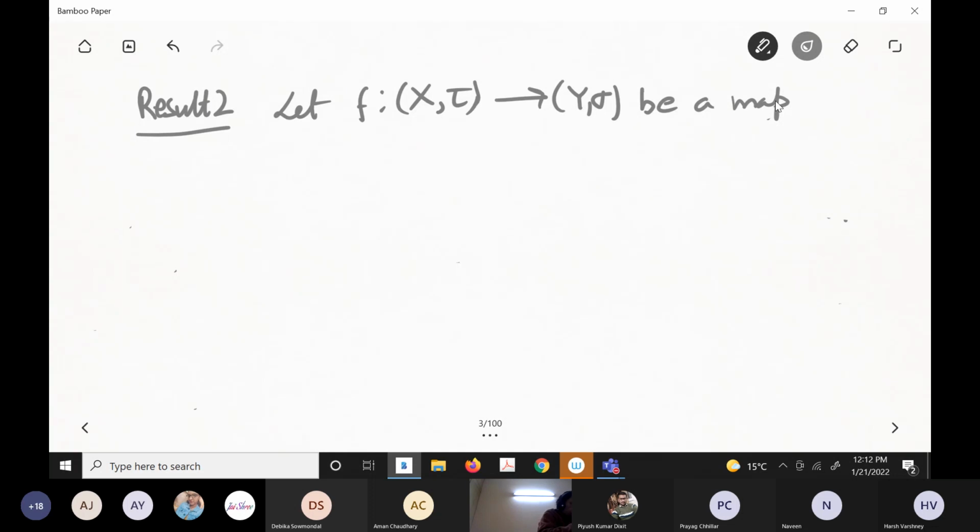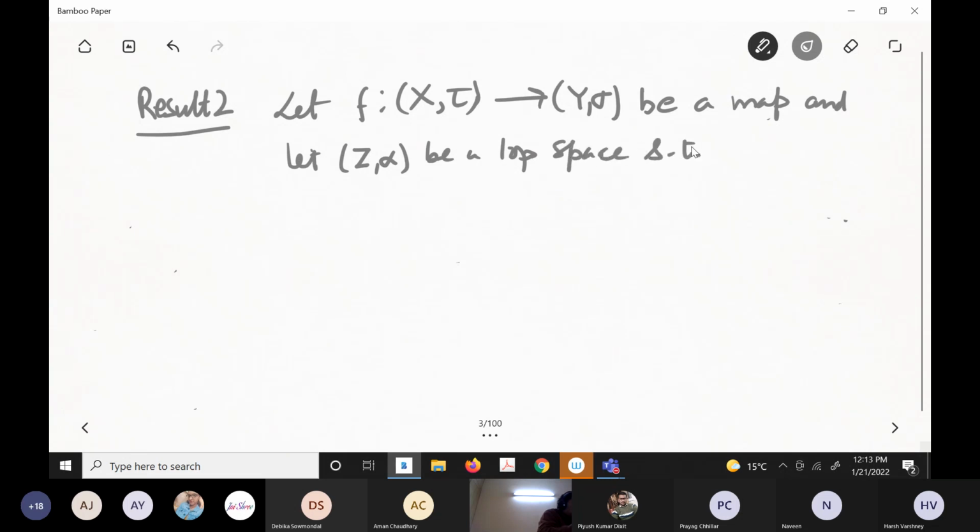Okay, now let me write this. Let (Z, alpha) be a topological space such that Y is contained in Z, and alpha restricted to Y, that is the subspace topology, is the same as sigma.